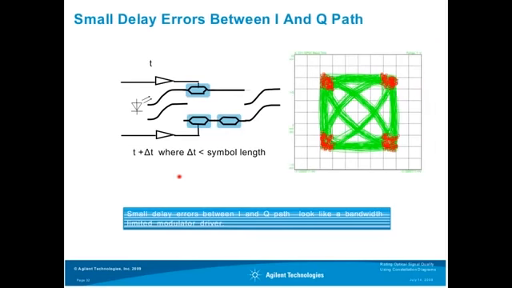So the question is, what is the root cause of this, or why does this look like a bandwidth limited signal?